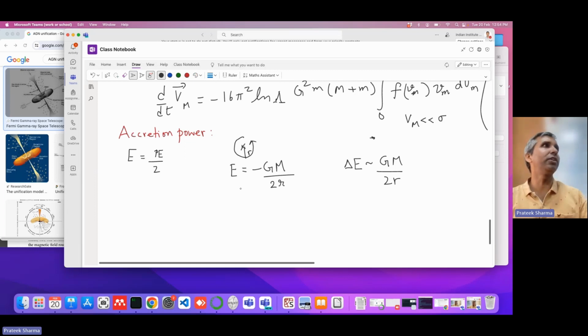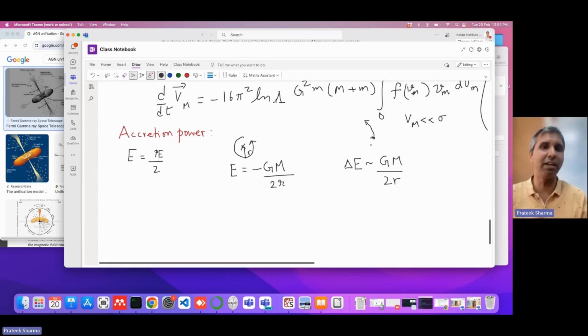Now, if you look at the solution of orbits of test particles around non-spinning black holes, let's say you have this particle very far away that almost goes in a circular orbit, and say due to friction it slowly spirals in. In Newtonian gravity, a point mass will just keep spiraling in and go to the center.